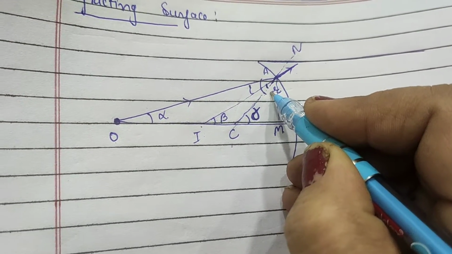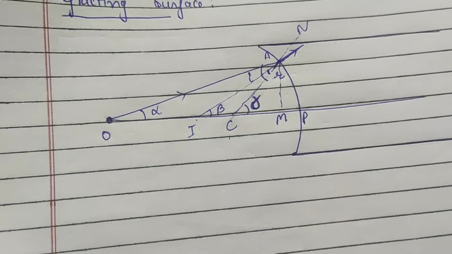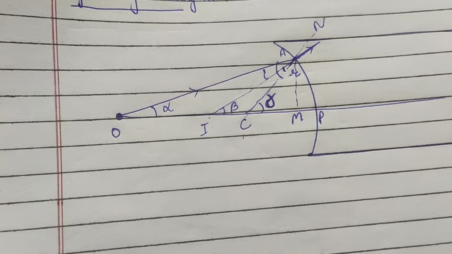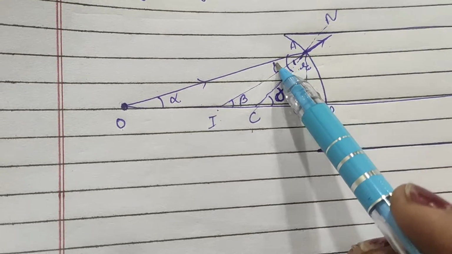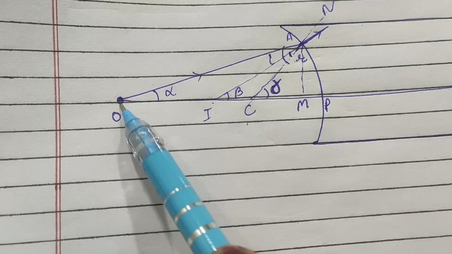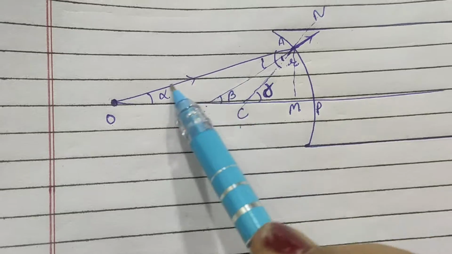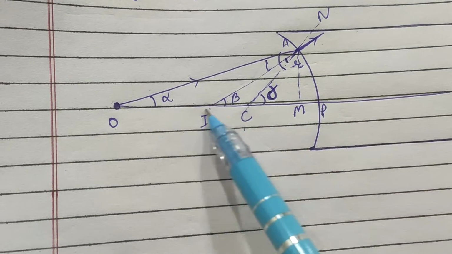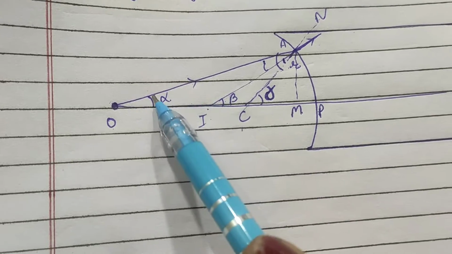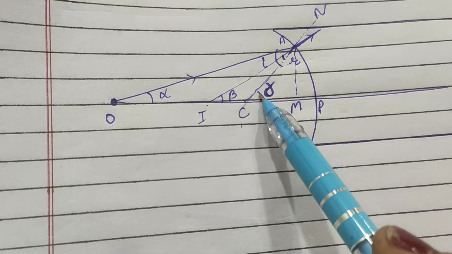Now what is the rule? First of all, find out angle i and angle r using the property that the sum of internal angles is equal to the external angle. Now for the angle i, you can see that this complete is triangle AOC. In triangle AOC, angle alpha is internal, angle i is internal, but angle gamma is external.